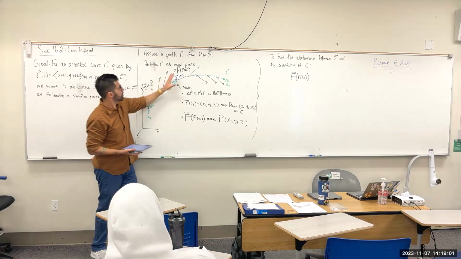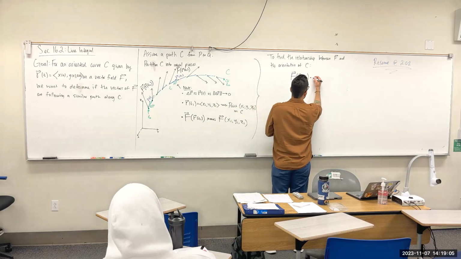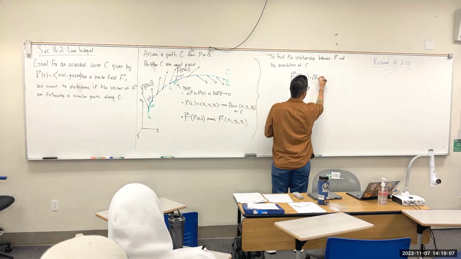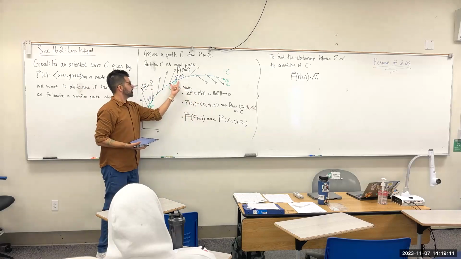You're going to look at all the black vectors here, and you're going to dot them with the delta r_i vectors, all these little displacement vectors.